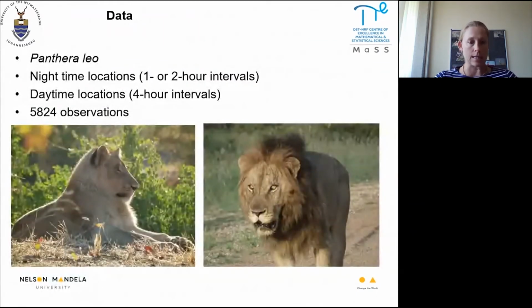The data for this study was set up during the night to record at 1 or 2 hour time intervals, and during the day to only record at 4 hour intervals, to extend the battery life during the daytime, when lions are expected to be less active. In total, we ended up with 5,824 observations for this particular lioness.